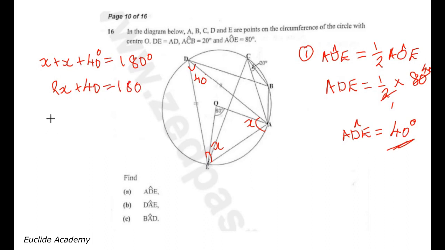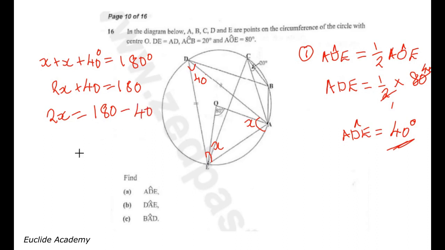This is basic algebra: we can subtract 40 degrees from both sides, or we can get this 40 degrees and put it on the other side, and it becomes negative, whichever reasoning you use.